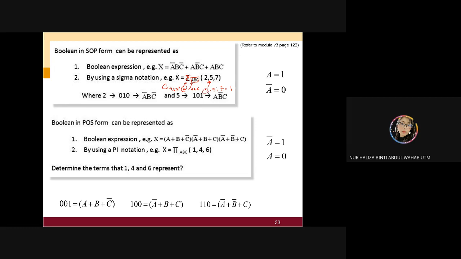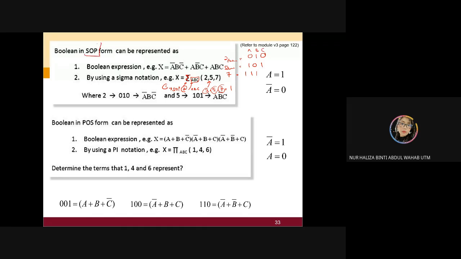What is 2, 5, and 7? 2 in decimal, you change to binary, you get 0, 1, 0. 5 in decimal is 1, 0, 1 in binary. 7 in decimal converted to binary is 1, 1, 1. All of these represent A, B, and C.